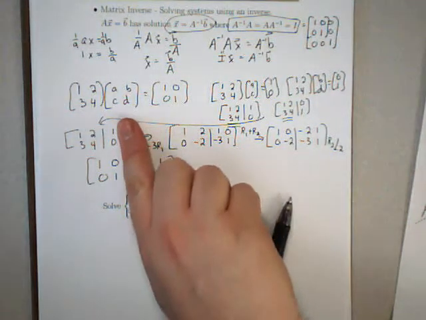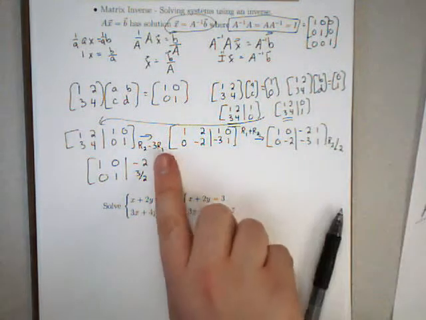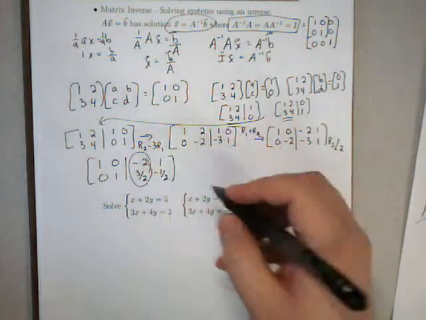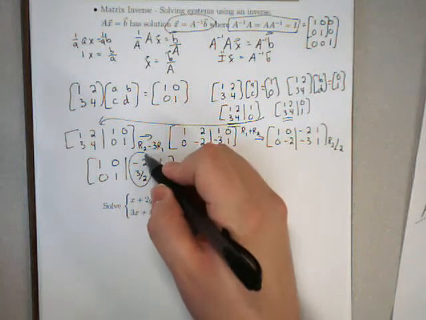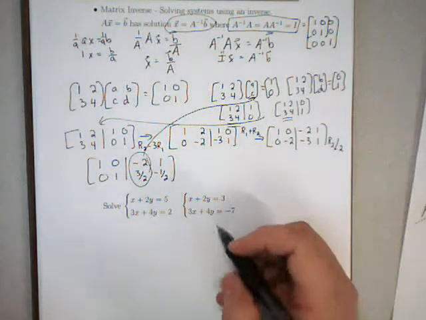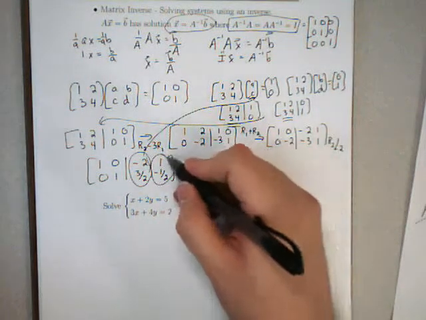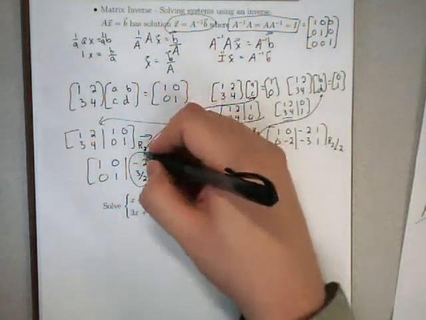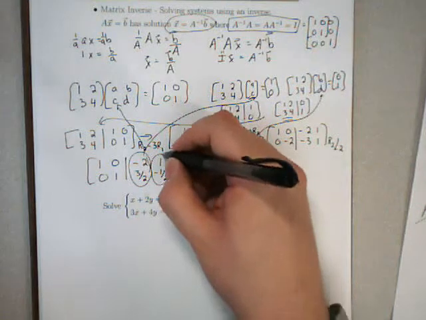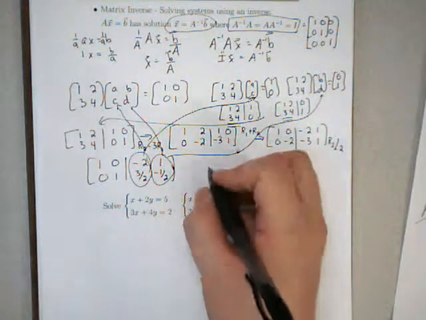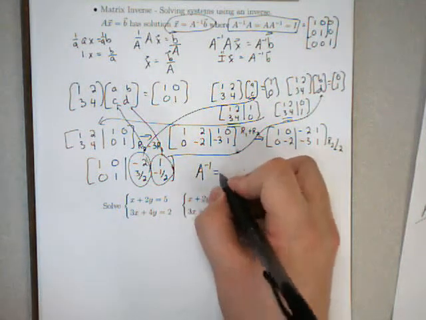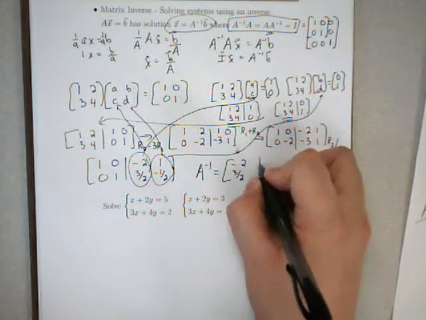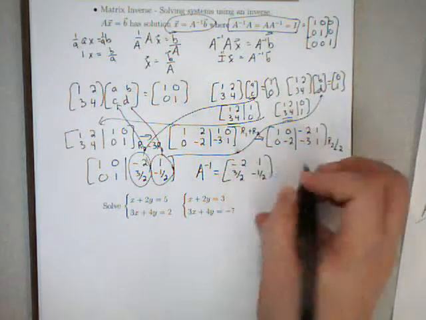If I had ignored the part on the right all along, I would have discovered precisely that these numbers are the solutions to the first system. Similarly, these are the solutions to the second system. That means that's the first column of the inverse and the second column of the inverse. I now have the inverse: negative 2, 1, 3 halves, negative 1 half.